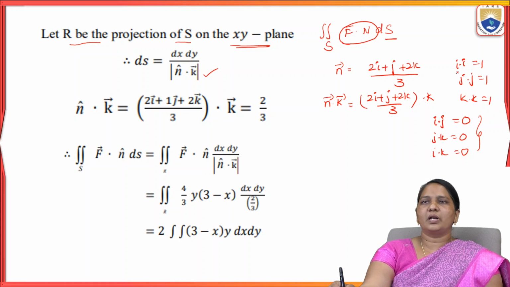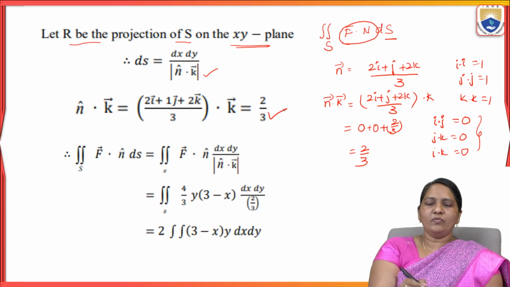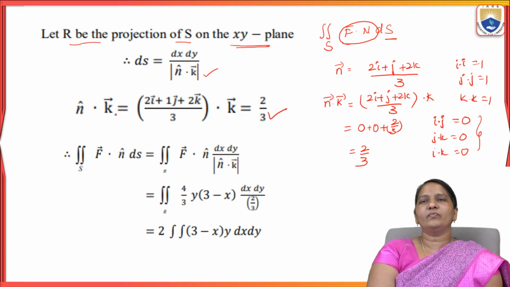If both are the same, the three values are 1. According to that, the first term i·k is 0, the j·k term is 0. The third one, 2/3, k·k is 1. So finally I got 2/3. That is the value of n·k.